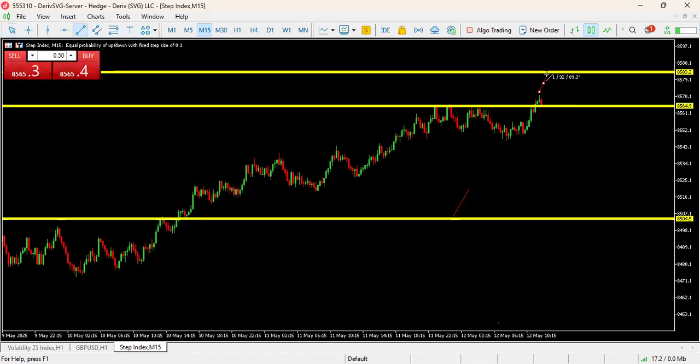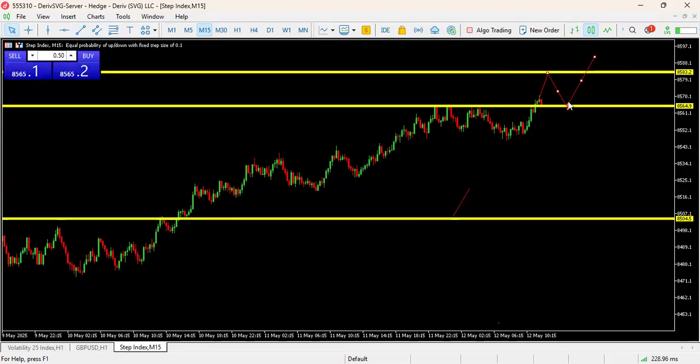Maybe if you get to this point on the 15 minute time frame, then if the trend is to continue, it's going to do this, and then this. So that breakout is too small.